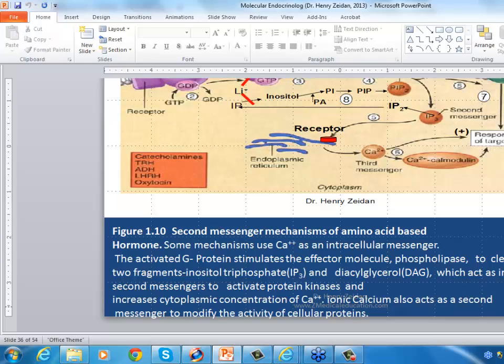If you miss it, you cannot really differentiate between those two second messengers.